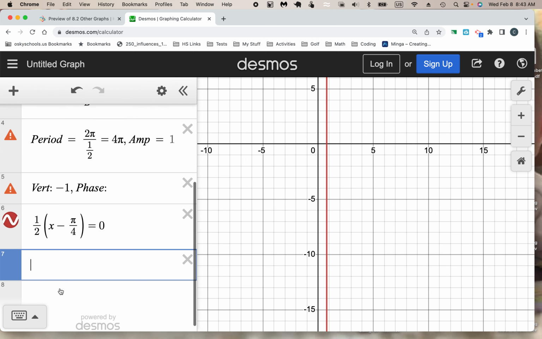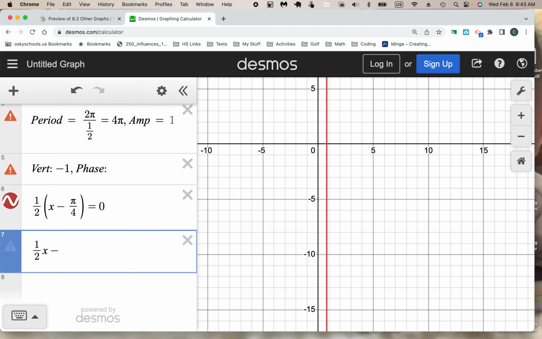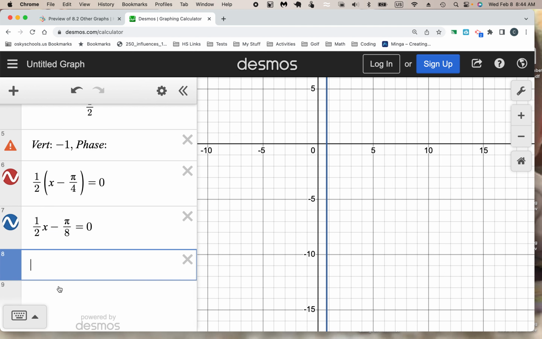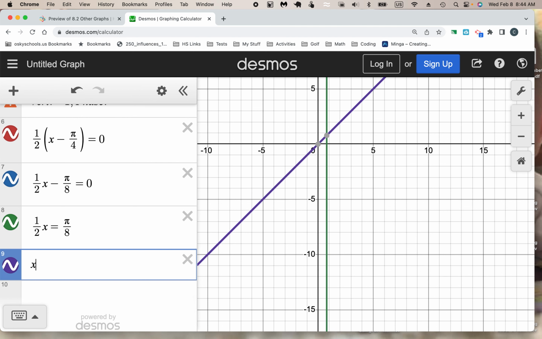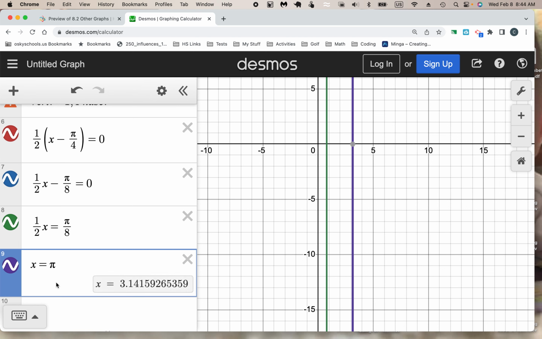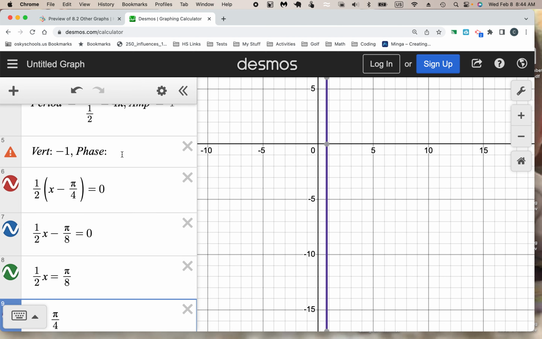I distribute the 1/2, and I have 1/2 x minus pi/8 equals 0. Then I add the pi/8 over, so 1/2 x is equal to pi/8. I multiply by 2, so x is equal to pi/4, because the 2 and the 8 will cancel. So my phase shift is pi/4.